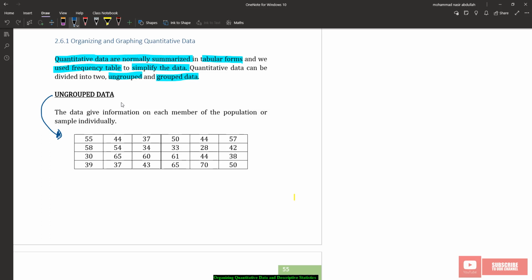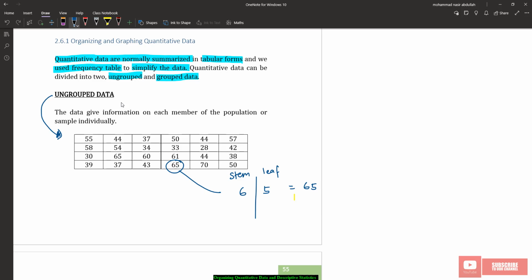So if we want to separate the digits, let's say we take 65. We split 6 and 5. So 6 is going to be the stem and 5 is going to be the leaf. So this is equal to 65. Can you understand?